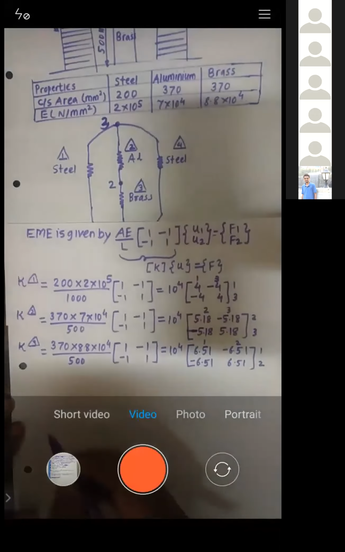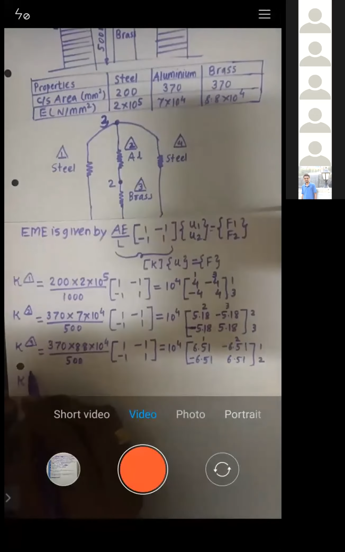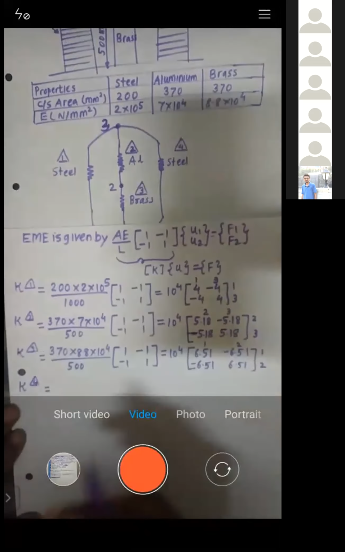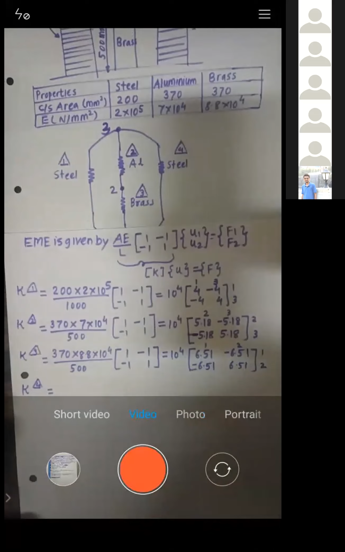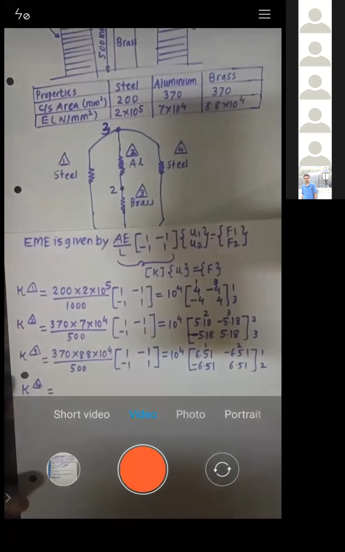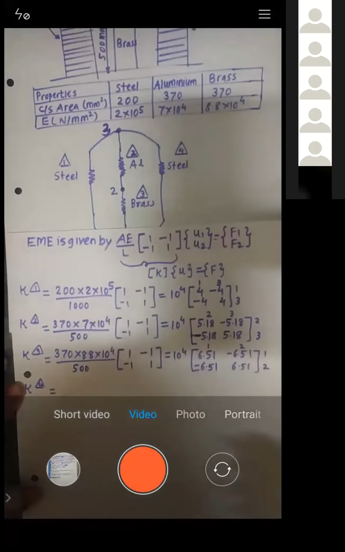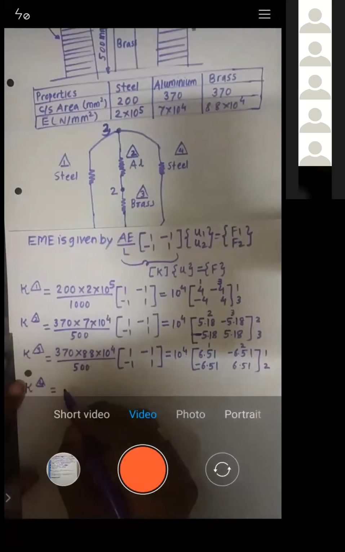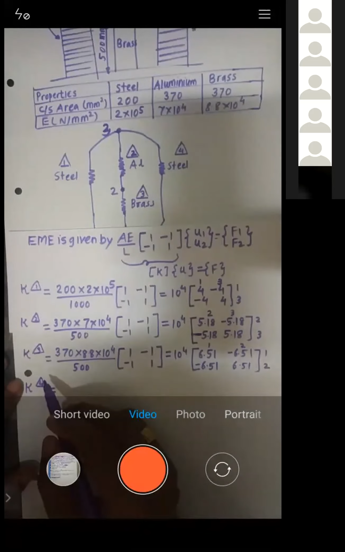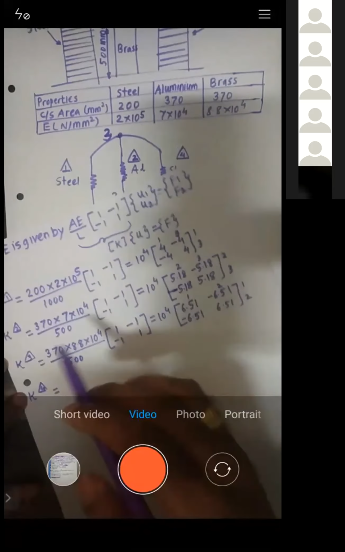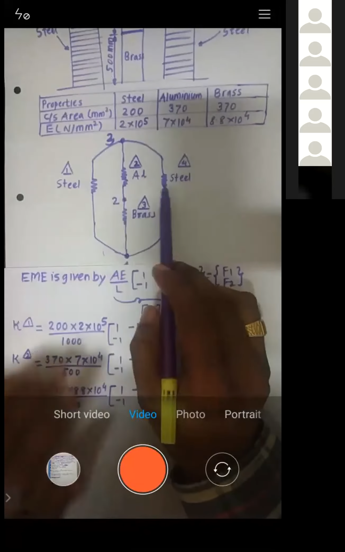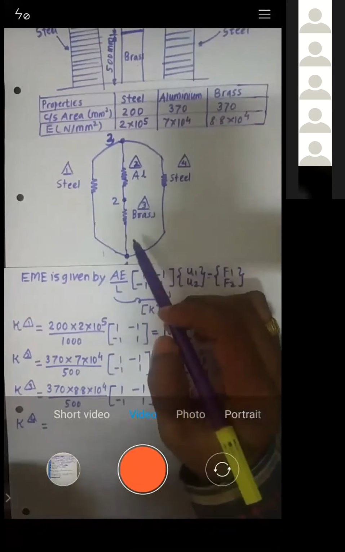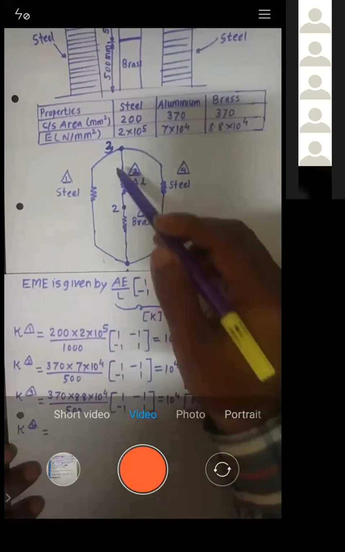Now go for element number 4. Element number 4 is the same as element number 1. Can I directly write down the stiffness matrix of element number 4? Both the elements are steel only, and they are between the same nodes 1 and 3.